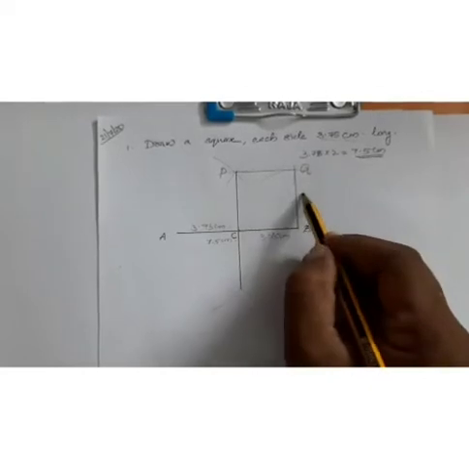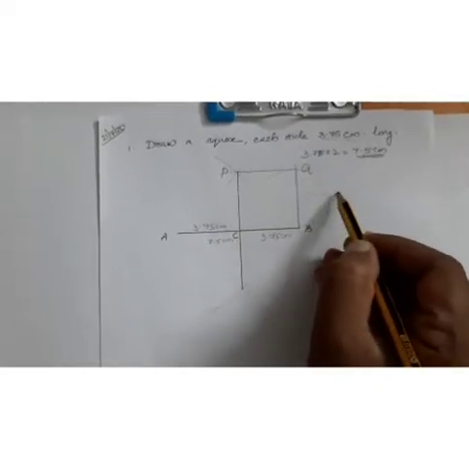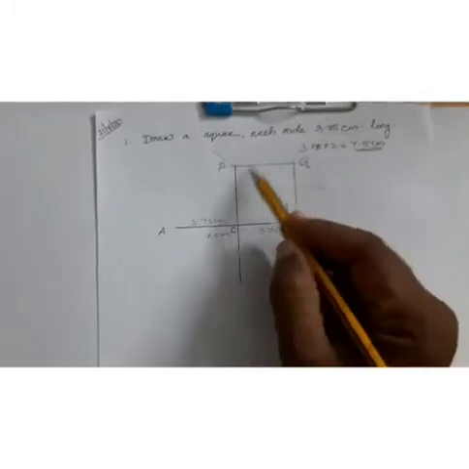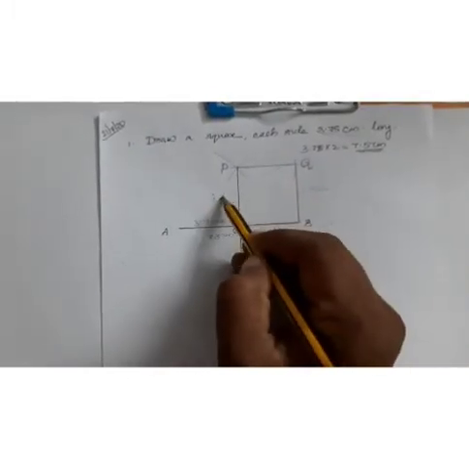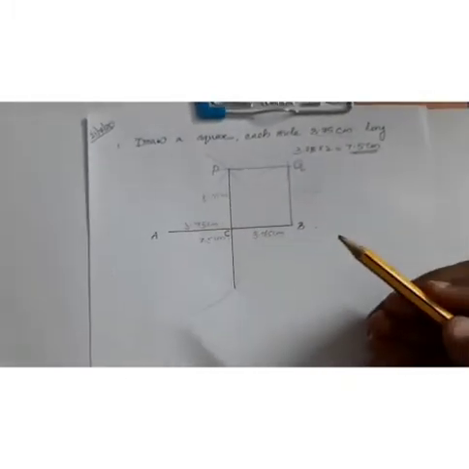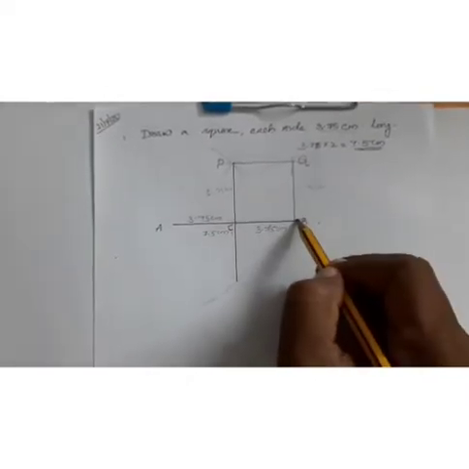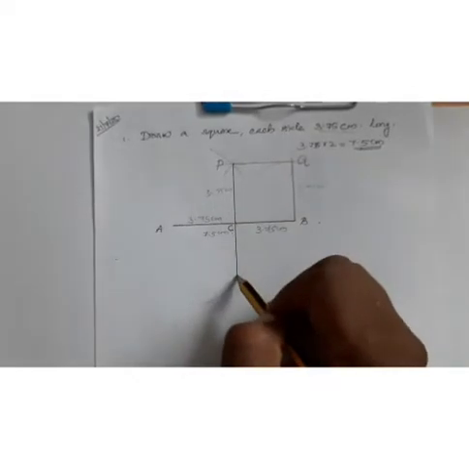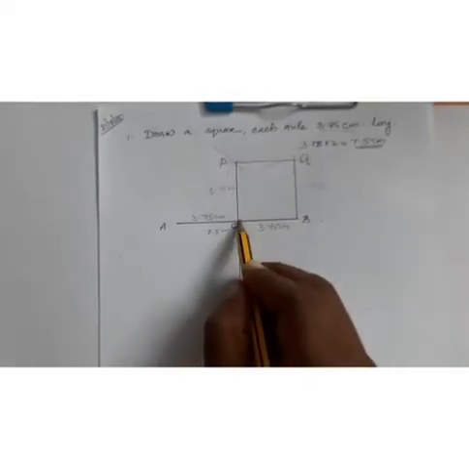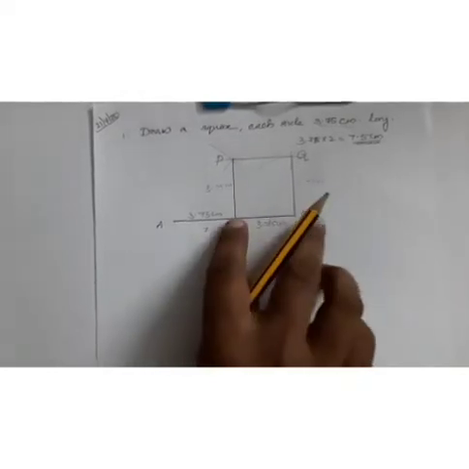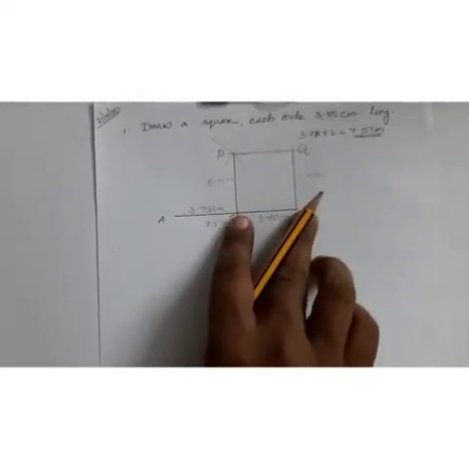The sides are 3.75 centimeter. You know the speciality of a square, all the sides are equal, 3.75 centimeter. So this is the way you have to draw it. First draw AB, then draw the line bisector, then keep this half of this bisector as the side of a square.